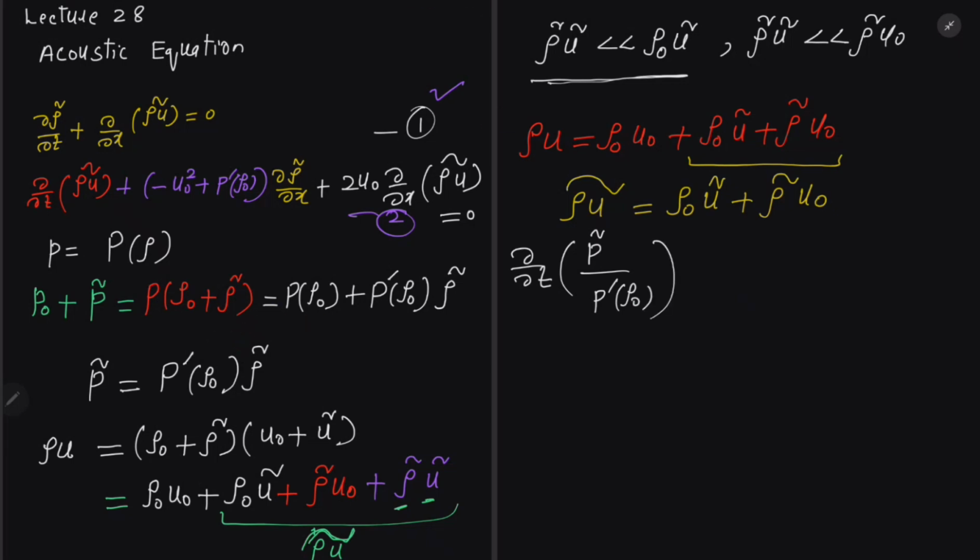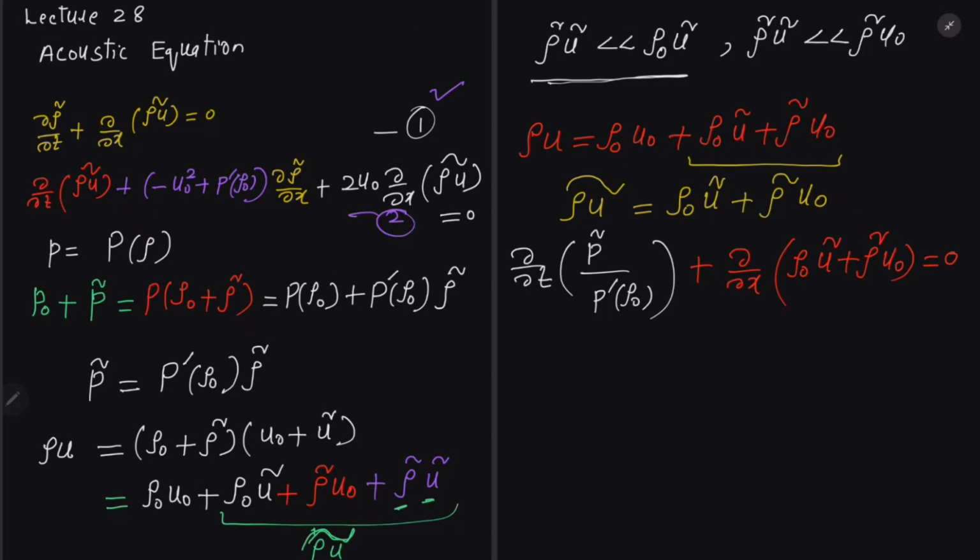Then similarly plus partial by partial x, and you put this rho u tilde into this term, and we get rho naught u tilde plus rho tilde u naught is equal to 0.